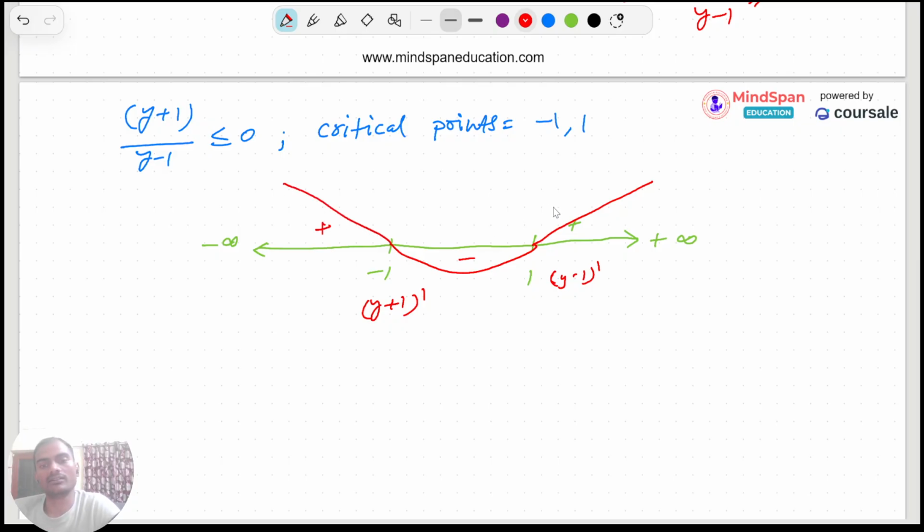Now our goal is that this overall expression should remain less than or equal to 0, which means only the negative part is our focus here.